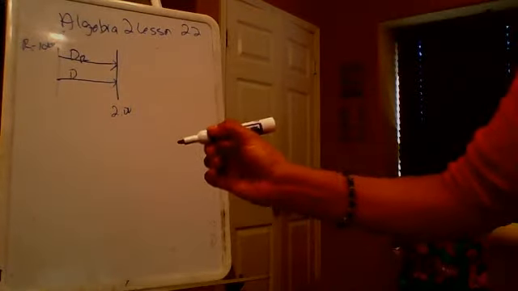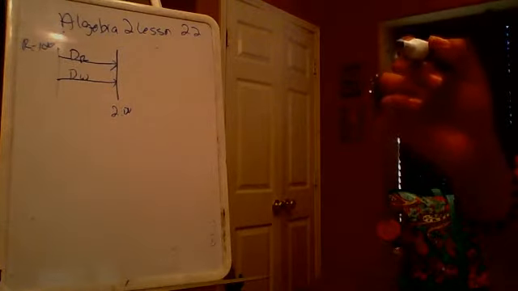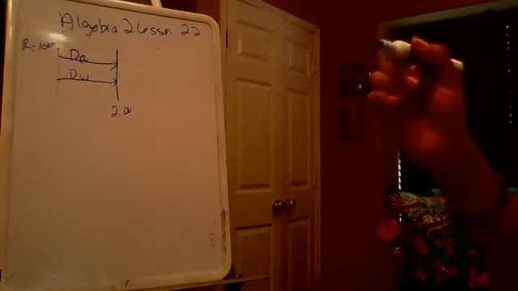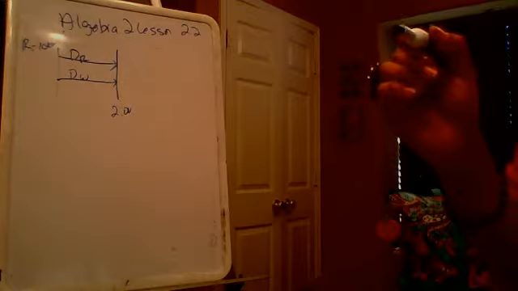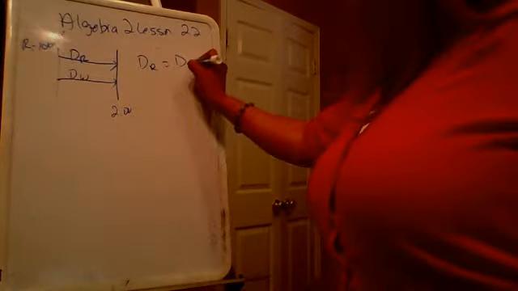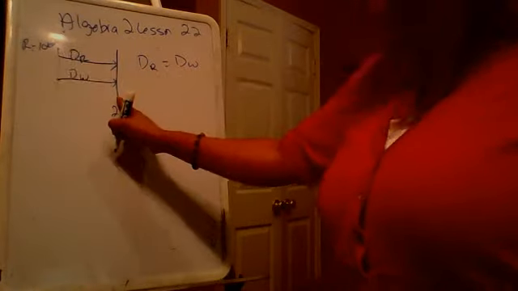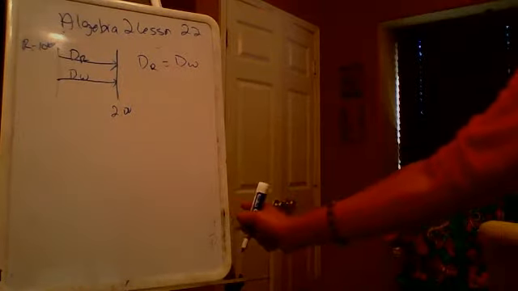So this is D of, what's his name? W. Okay? How fast did he run? So what do we know? We know that D of R is equal to D of W. They went the same distance because we said at 2 o'clock. This started at 10. This was at 2 o'clock.